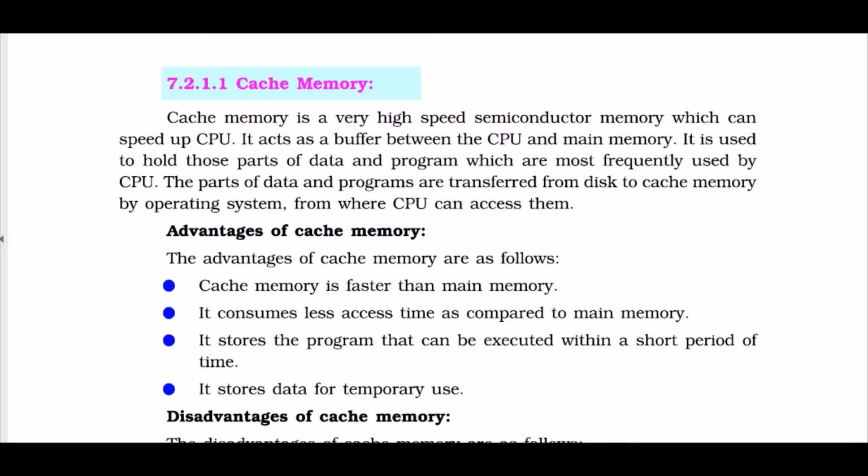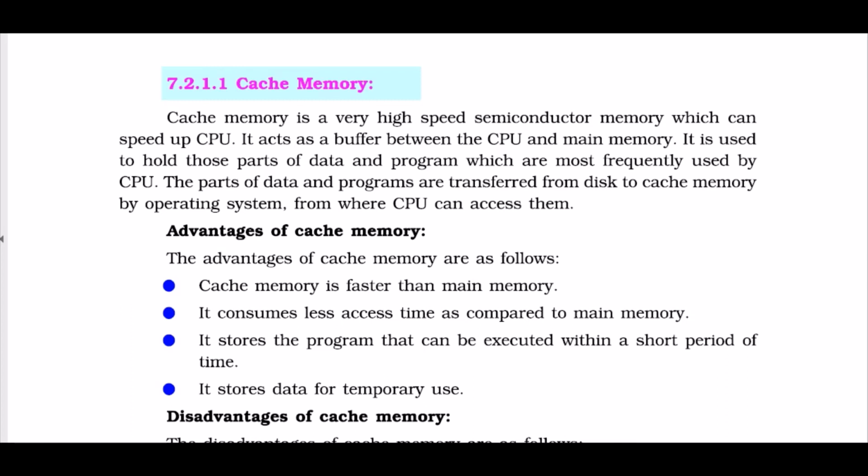Now when you start a CPU, the most frequently used parts are taken from memory, right? What if you can increase that speed by adding a cache memory which can store the intermediate results, and it will speed up the data transfer. The parts of data and program are transferred from disk to cache memory by the operating system, from where the CPU can access them.